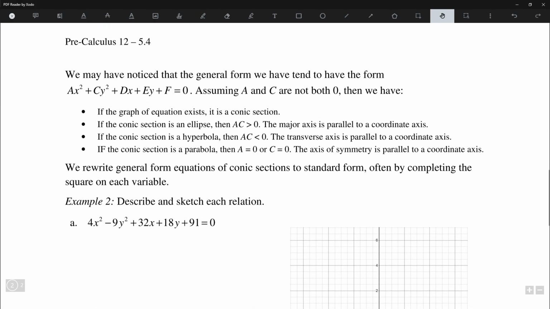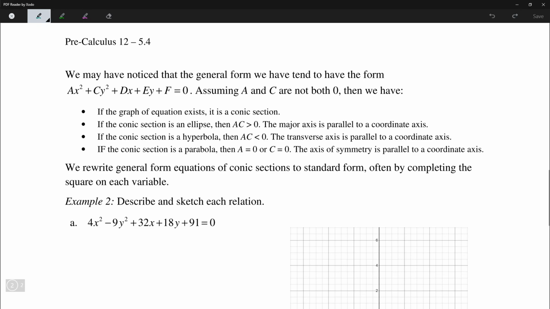So about the general form, it will look like this right here. That is ax squared plus cy squared plus dx plus ey plus f equals 0. Now, if a and c are both 0, we are simply left with some kind of a linear relation. So at least one of a or c is not 0.